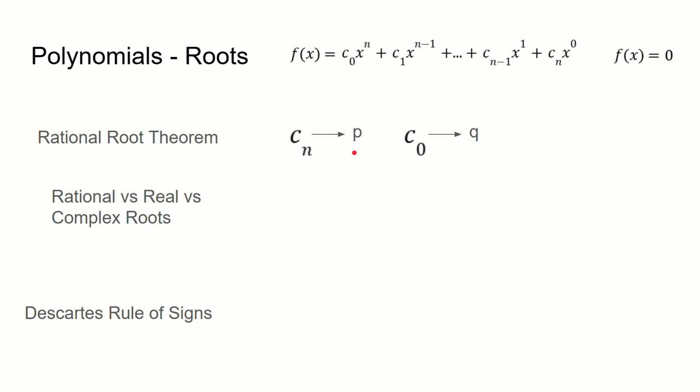If it's a prime number, it'll be 1 and that number, but if it's not a prime number, then it will be all of its factors. And Q represents all the factors of the leading coefficient. Then all of the possible rational roots will be P divided by Q, where P could be any of the factors of this, and Q is any of the factors of this, including positive and negative.